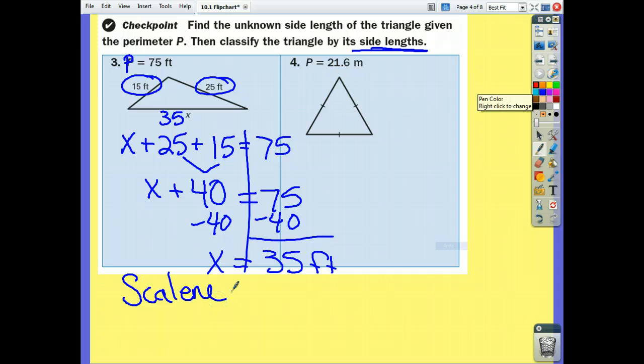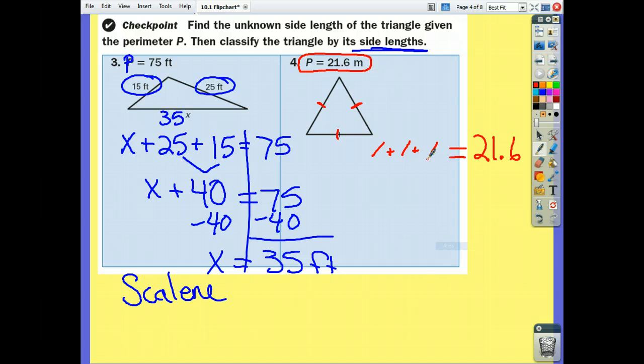What do I have to do to set this one up? It says the perimeter equals 21.6. But look at these, what do these little dashes here mean? They're all equal. So how do I do that? I don't go dash plus dash plus dash.